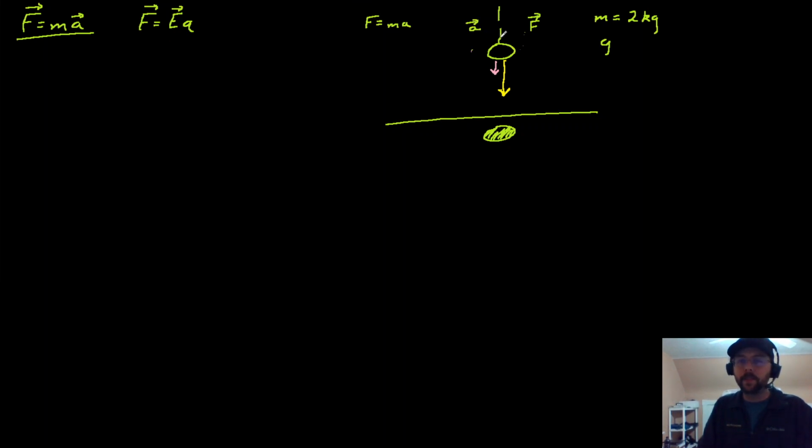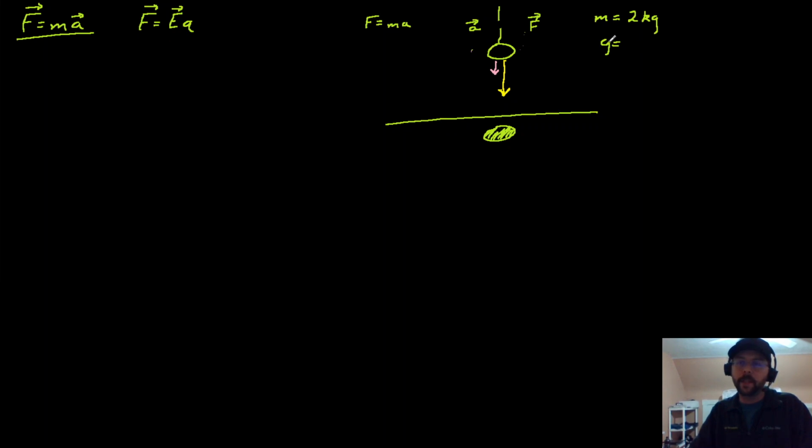So the acceleration here is g, because it's the force that's doing the acting, the force that's causing the acceleration here, or the acceleration that's causing the force, whichever way is more appropriate. The gravity of the Earth is what's doing the moving of the object. It's what's causing the force on the object.